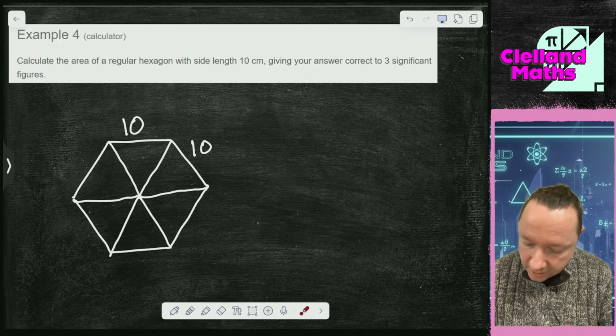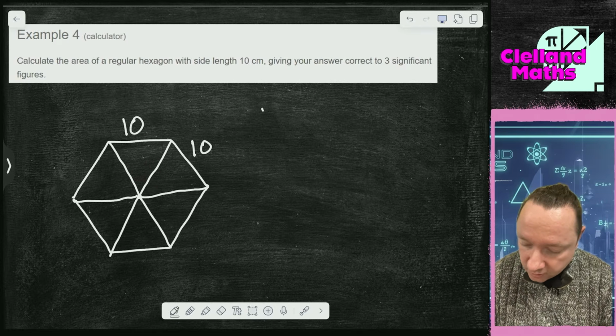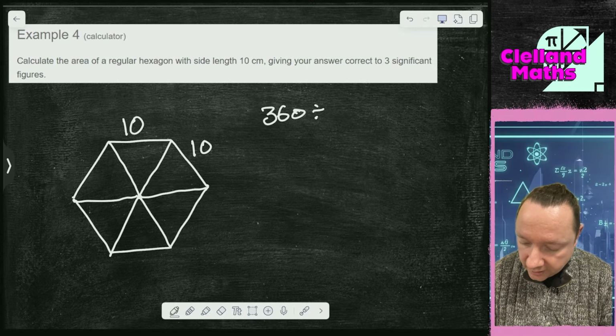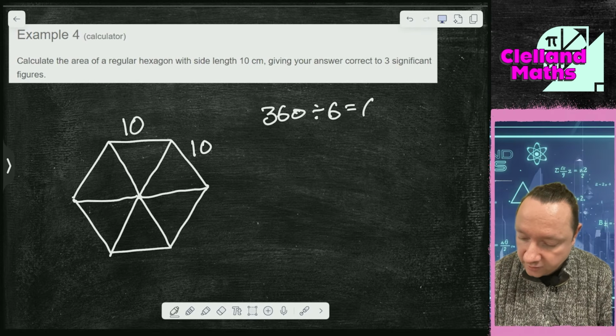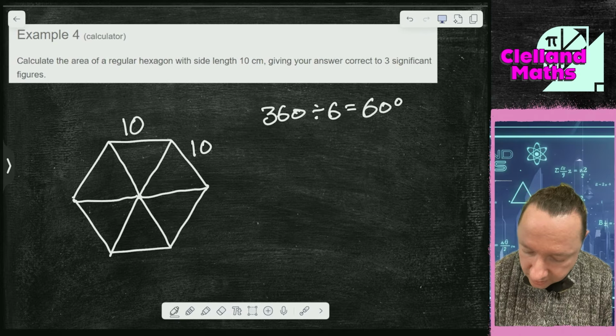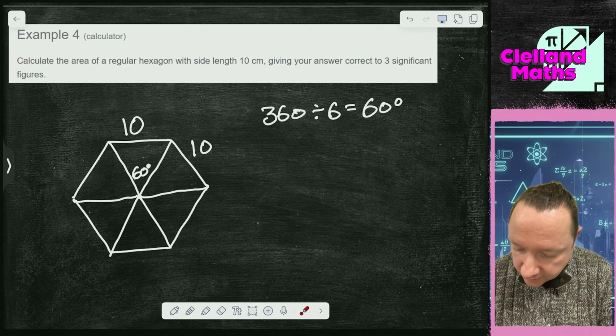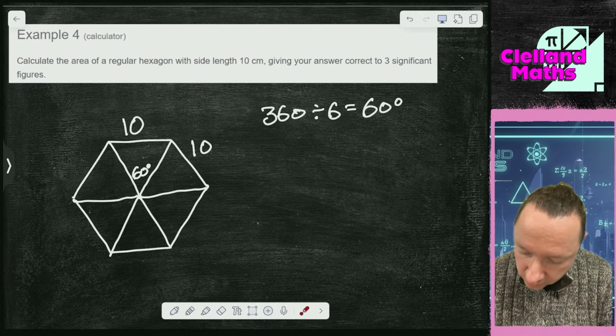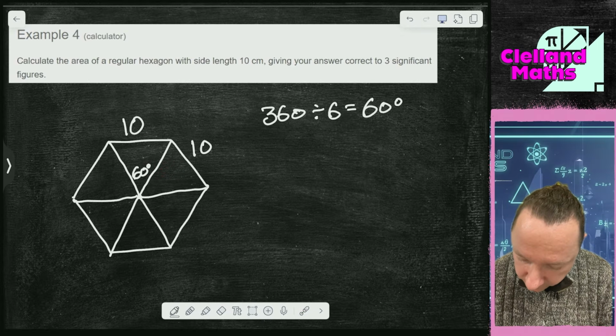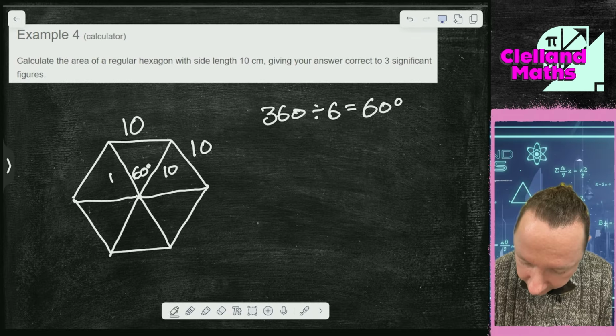Well, the angle is at the centre. There's 6 angles around the centre, so 360 divided by 6 would tell me that angle. 6 sixes is 36, so that's 60 degrees. So since that's 60, because of symmetry, these are equilateral triangles, so that would be 10 as well here, and that would be 10 there.